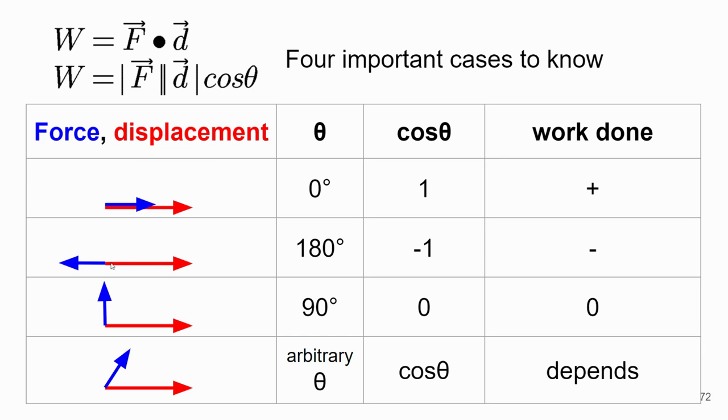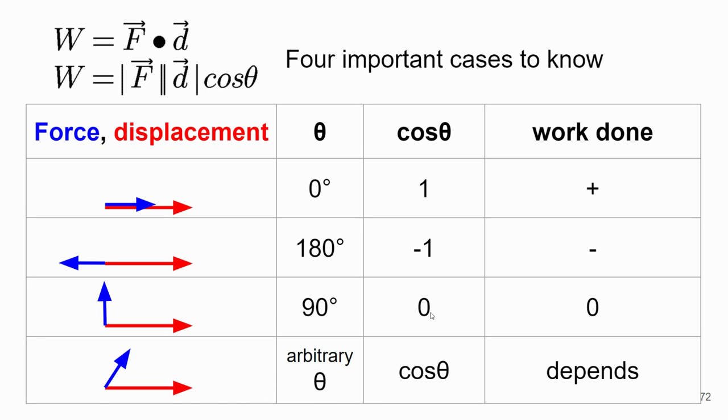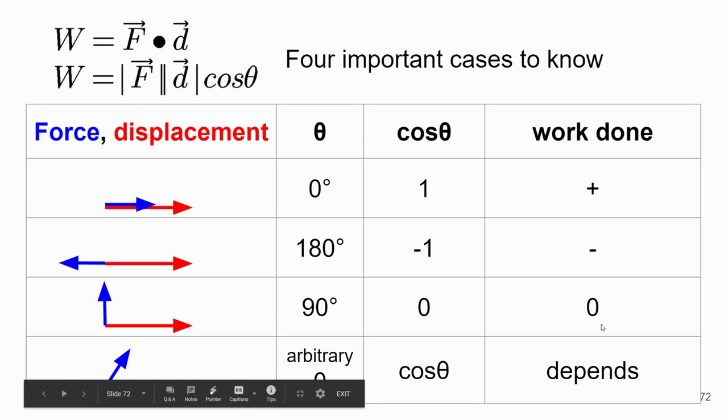If, on the other hand, your object has been displaced to the right, and the force you're dealing with is to the left, well, the angle between them is 180. The cosine of that is negative 1. That means negative work will have been done in that case. And so forth. If the force is at a right angle, 90 degrees, to the displacement, the cosine of that angle is 0. Therefore, that force will have done no work.